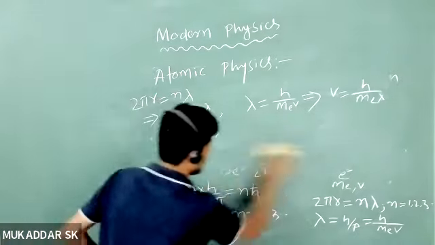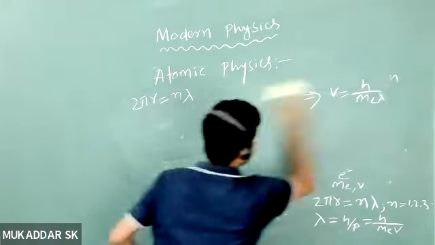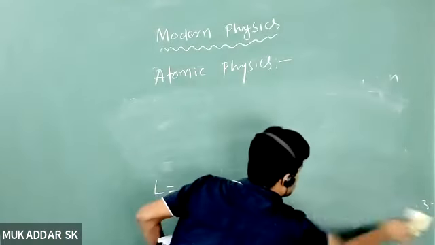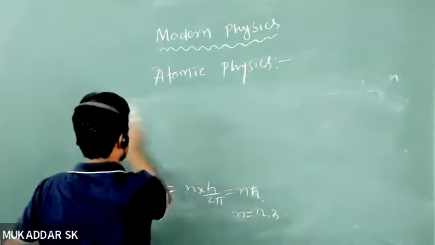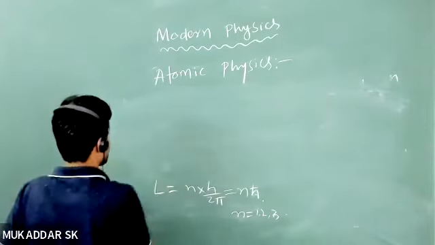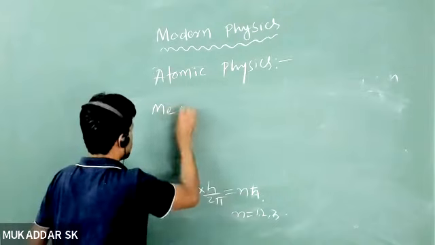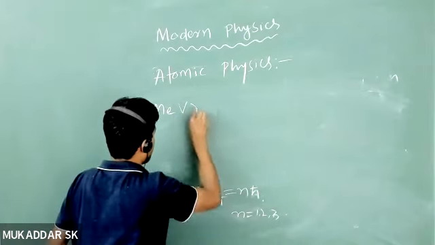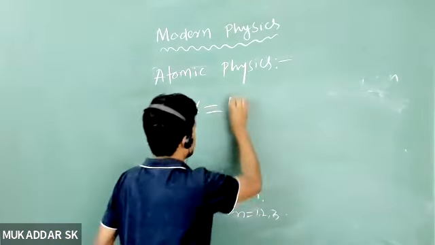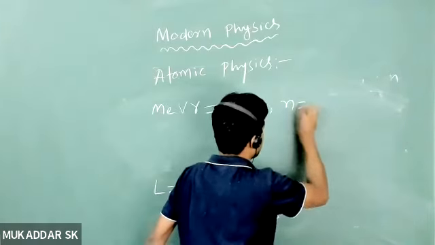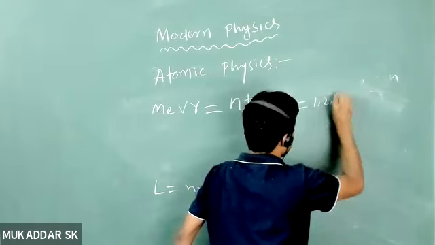So from this equation, what can you write? m_e v r should be equal to how much? n h cut, and that n value is 1, 2, 3.